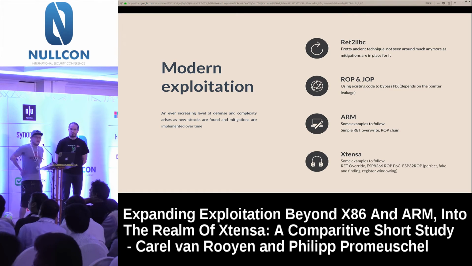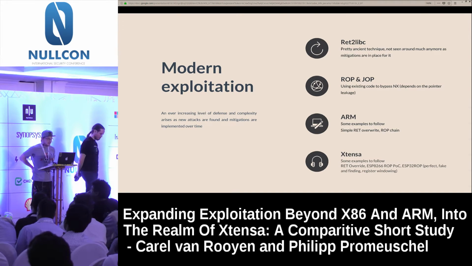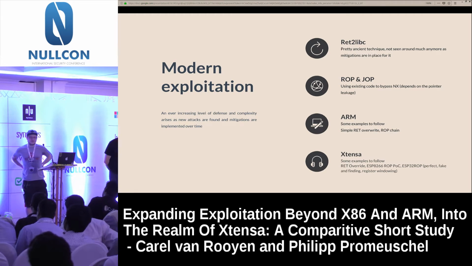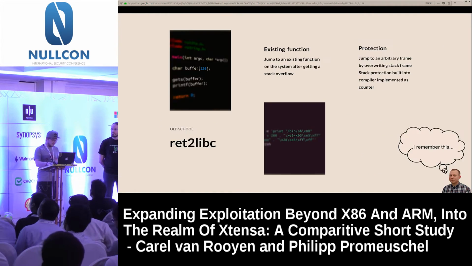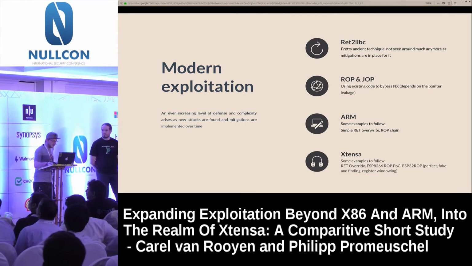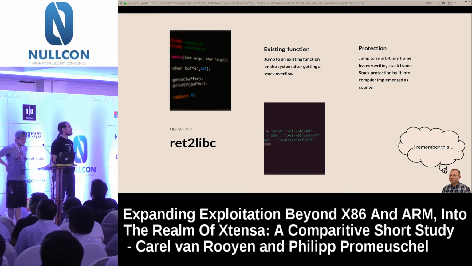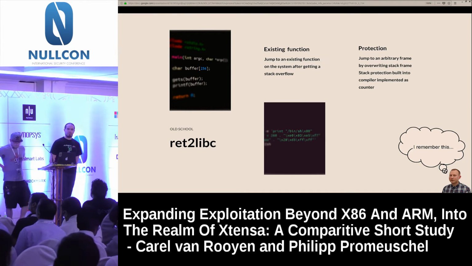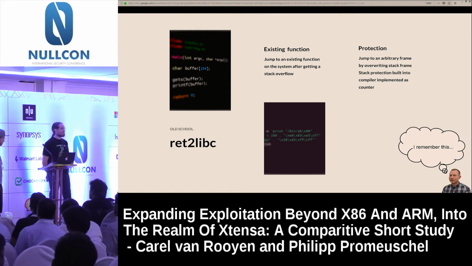But nowadays exploitation is not always that straightforward, and we cannot just jump there. So we will do even more ROP chains. Again, I'm going to return to the narrative that I had earlier, which is we have an arms race. We have exploits and we have mitigations being implemented.